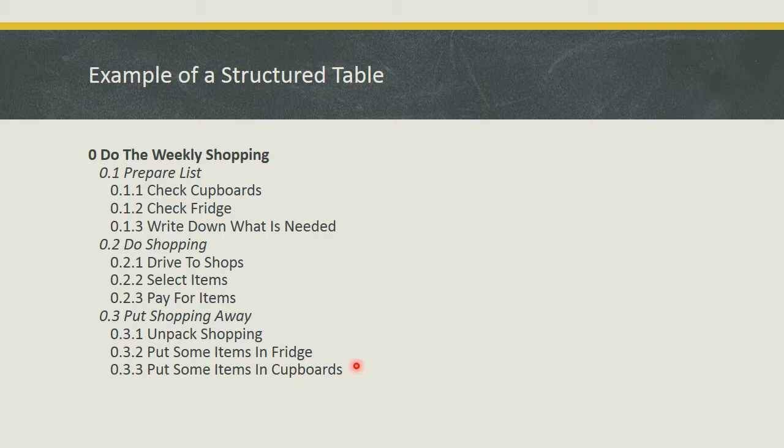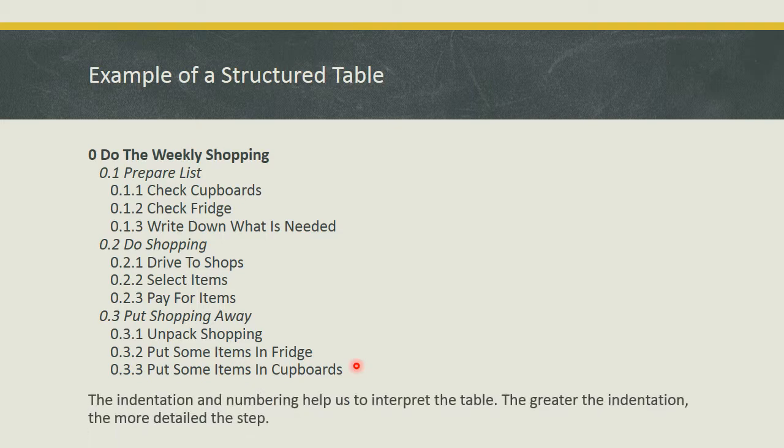Now, a good key to remember is that the indentation and numbering help us to interpret the table. So we can obviously see that this is an indent of that. So this helps us to see how it's stepped down. So this is the problem, this is a major step, this is a sub-step.